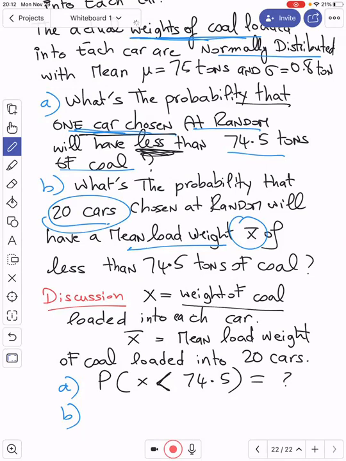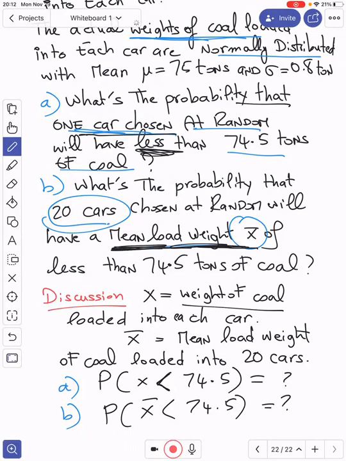Now for B, we are interested in the mean load weight X bar of 20 cars. So we have a sample here. In B we have a sample of size 20, because we have 20 cars, and we need this mean load weight to be less than 74.5.